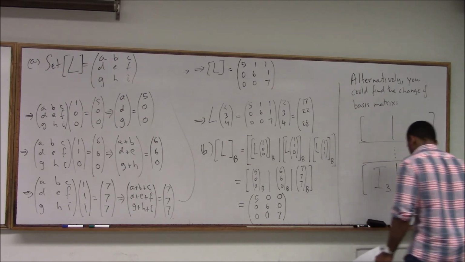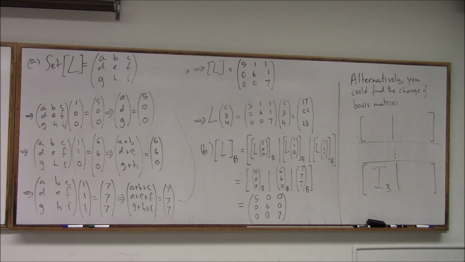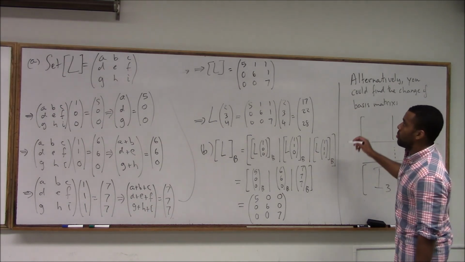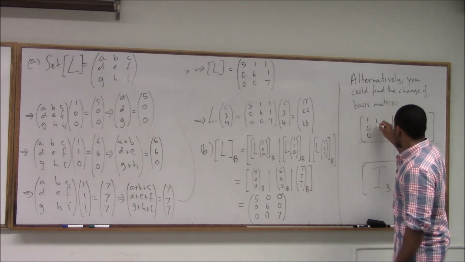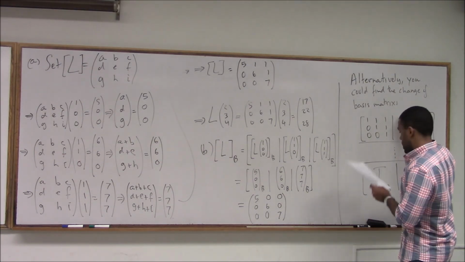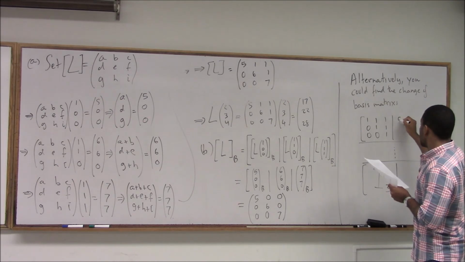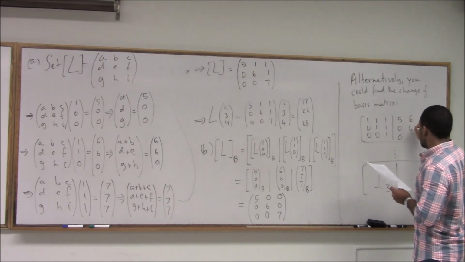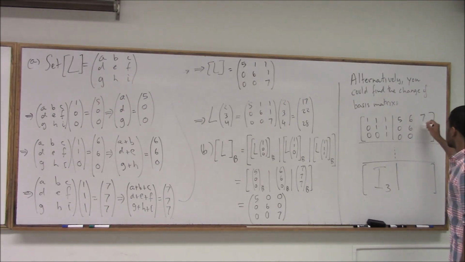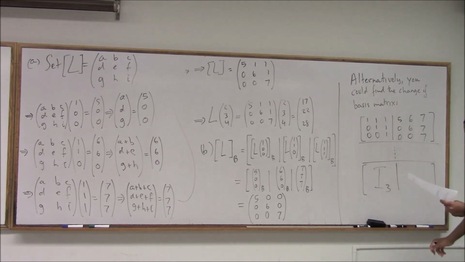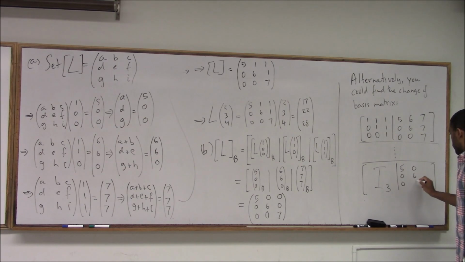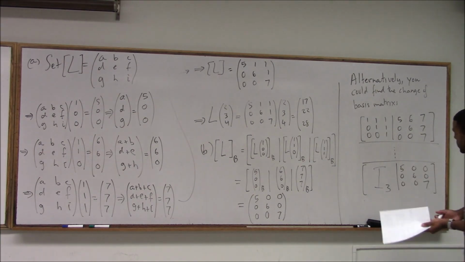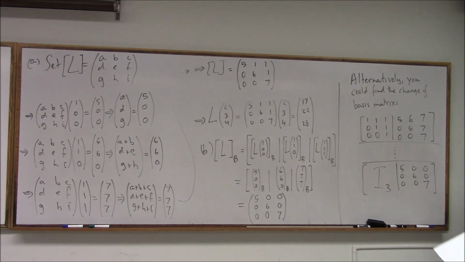So you get I3 here, and so that would be 0, 0, 1, 1, 0, 1, 1, 1, and put here 5, 0, 0, 6, 6, 0, 7, 7, 7. That would reduce to this. And then you can pick out the answer from here.